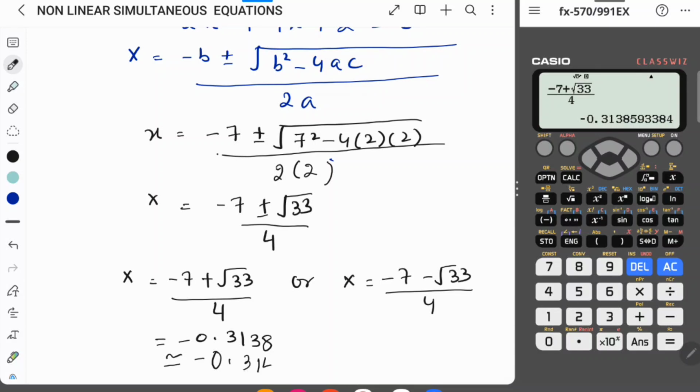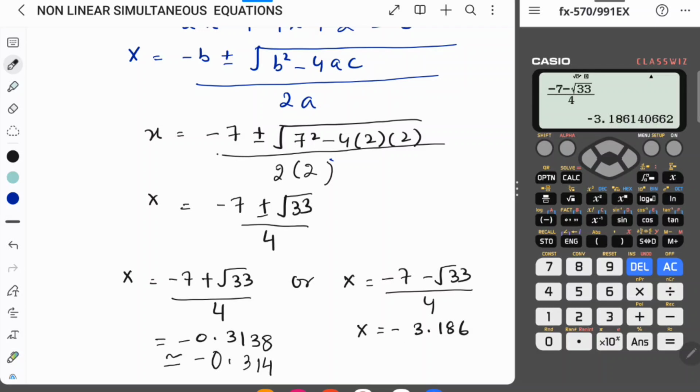The other answer, you can have this square root, which is minus 7 minus square root 33 upon 4. Alright, so the other answer is minus 3.186.